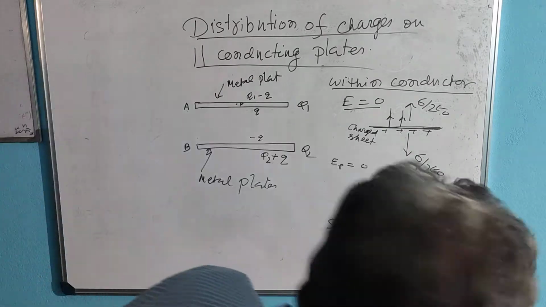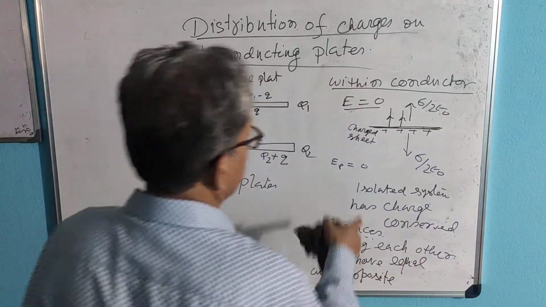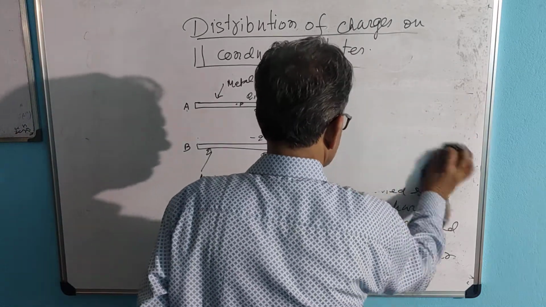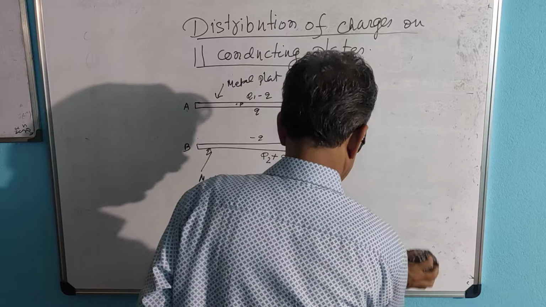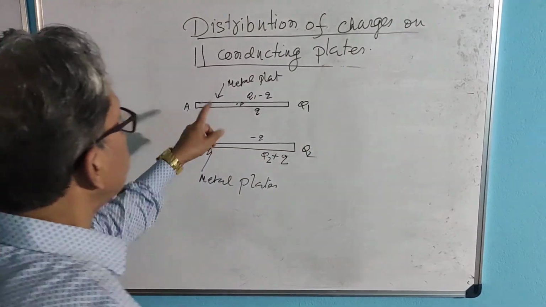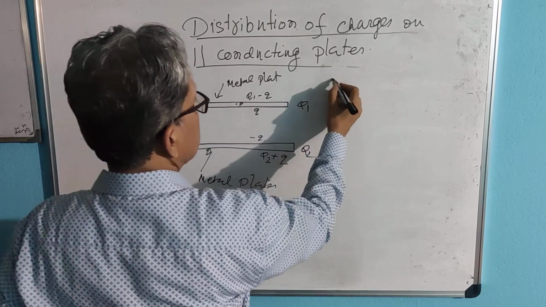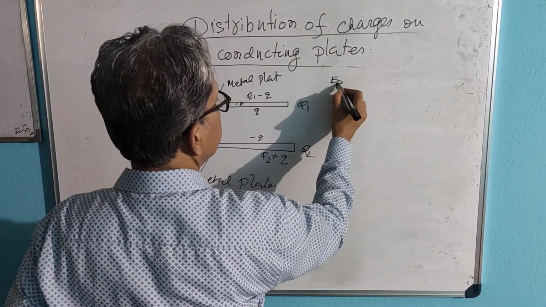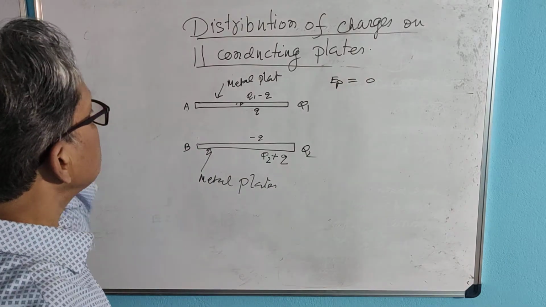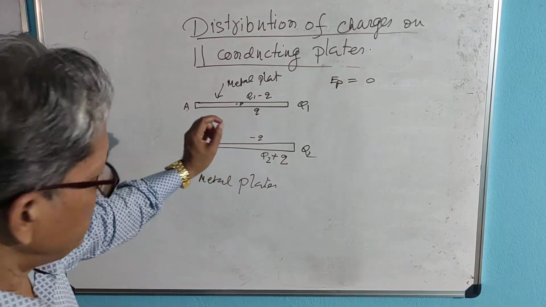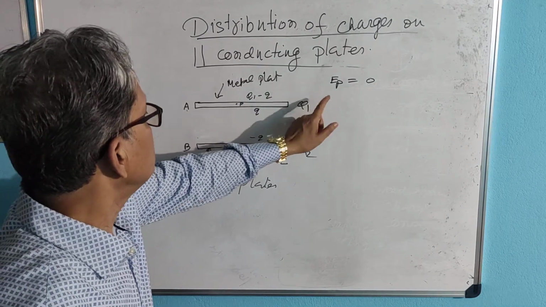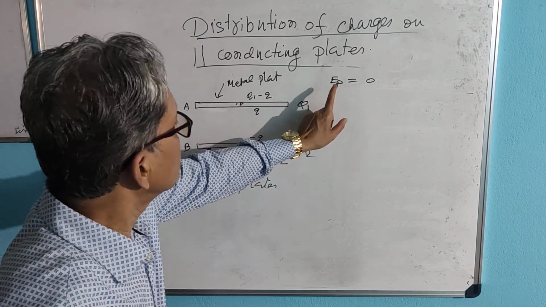Okay, let us go. I am wiping it out. So let us take the problem. The electric field at the point P, EP equal to 0. How many electric fields give EP?